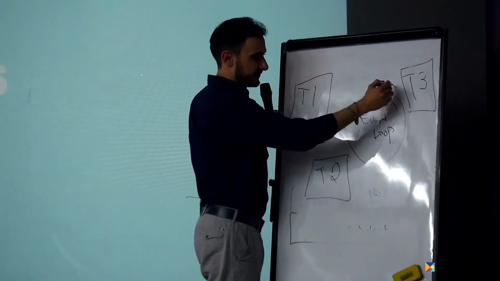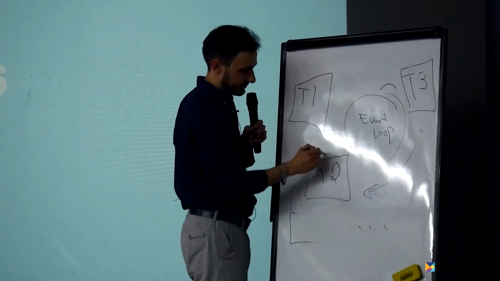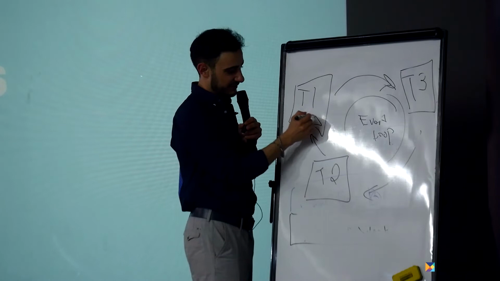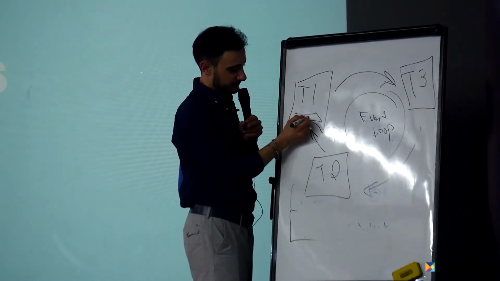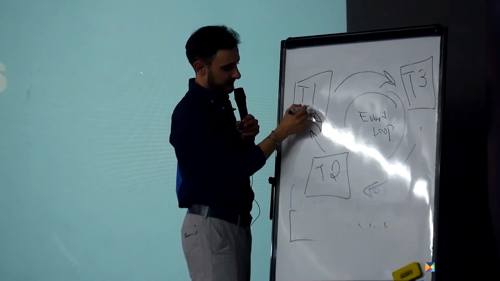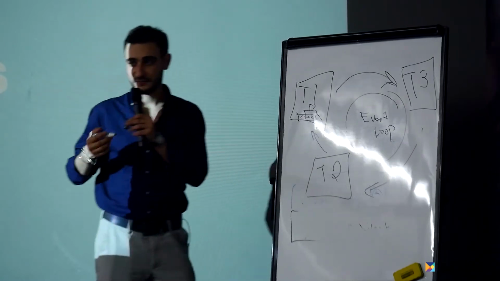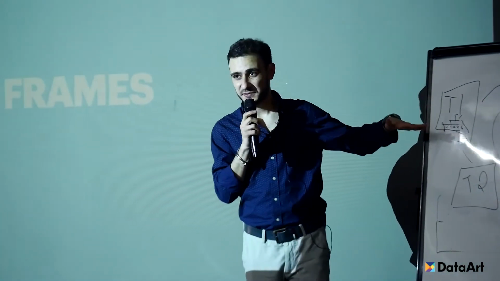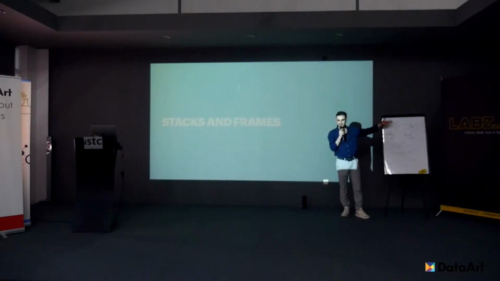The event loop has the ability to switch between those tasks. Each of those has its own stack. It should be something like this, and they can work. So now we have the ability to stop at one point, switch to something else, and then come back later.